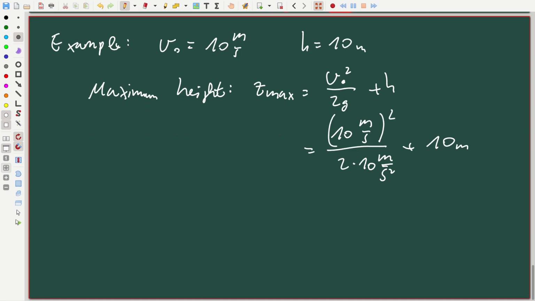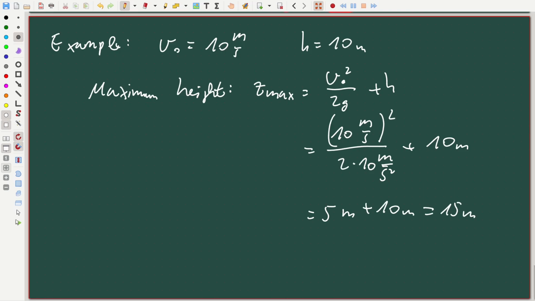Yeah, so here only the value 10 remains. 10 divided by 2 is 5, so we can actually write here 5 meter plus, and here only 10 meter remains, and the units are matching very well. So at the end, this leads to a total height of 15 meter.